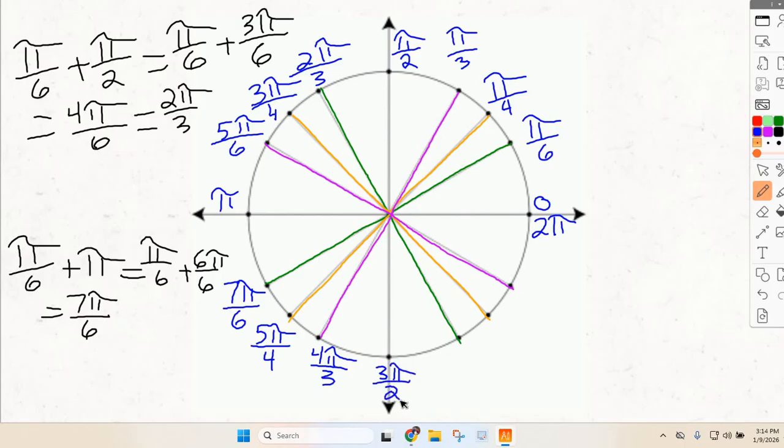So you could also add 3 halves to each of the first. Yes? And whichever way you do it, you're going to end up with a 5 pi over 6.